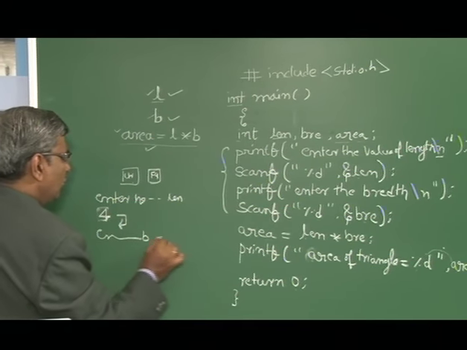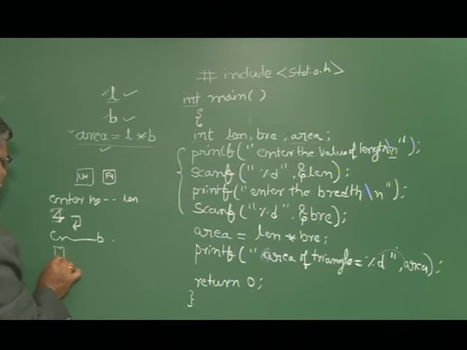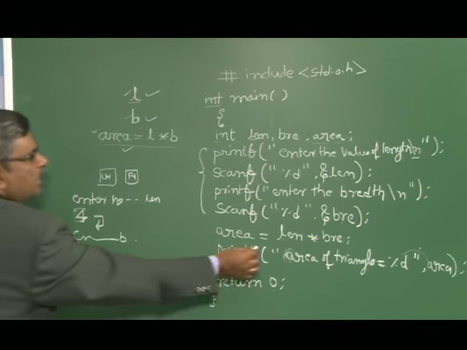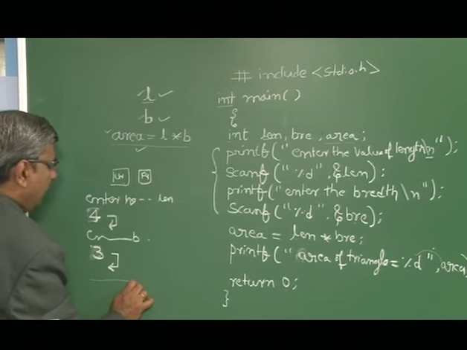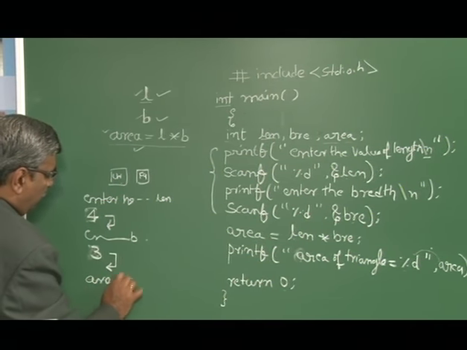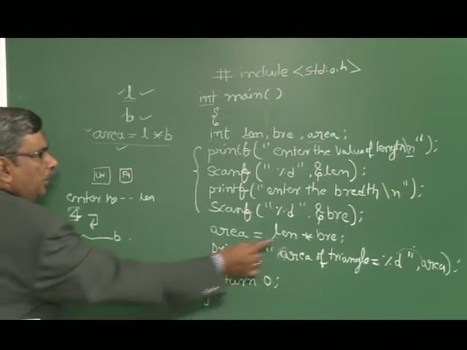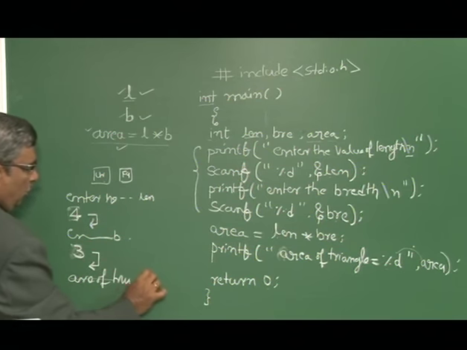Because of the \n, once again it will wait in this position. When you type 3 and press enter, then the message area of triangle equal to will be displayed, and it will print 12.